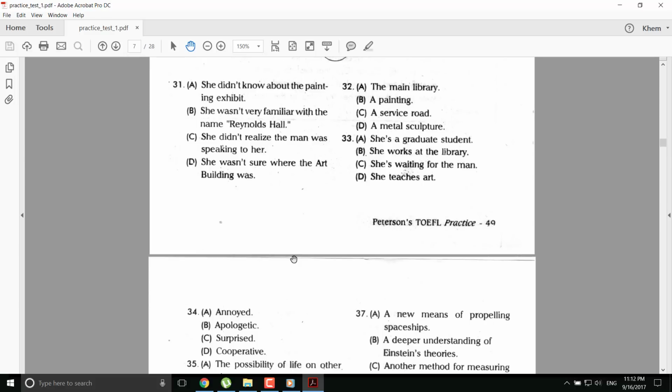Number 33. What can be inferred from the conversation about the man's sister? Number 34. What is the woman's attitude toward the man?